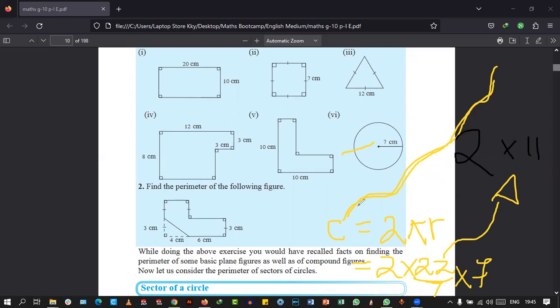Because obviously 2 into 11 is 22. Yeah, of course. But why am I thinking like that? Why am I writing it like this? Because it's easy to multiply first 2 into 2, then 11 into 2, then add both of them.